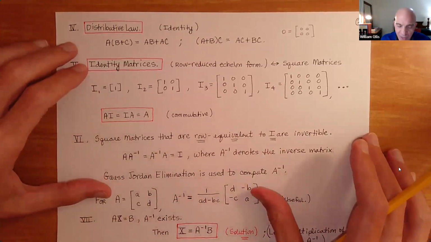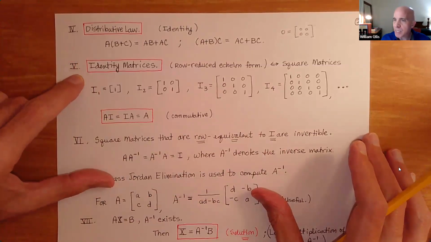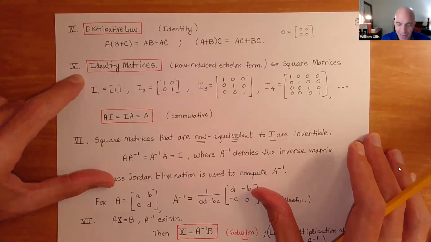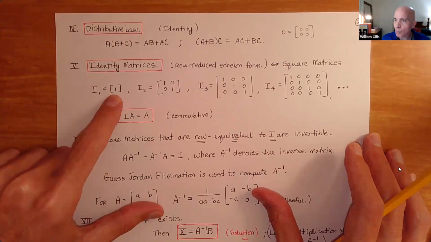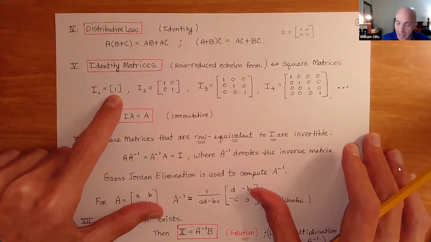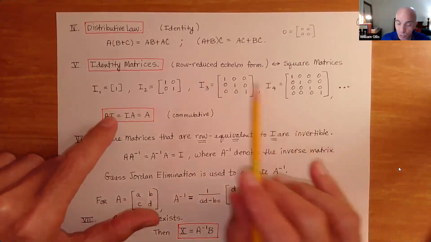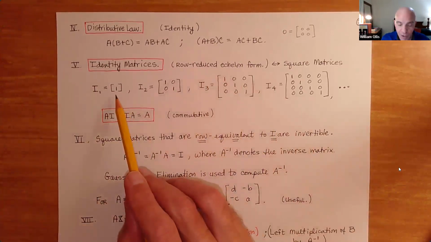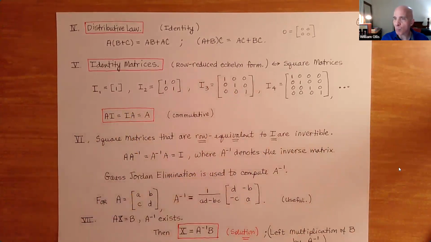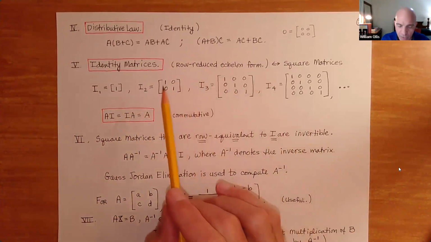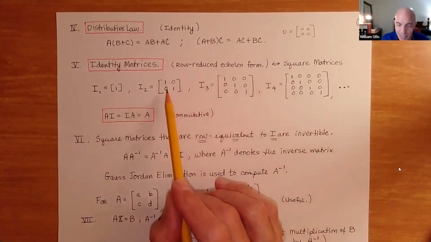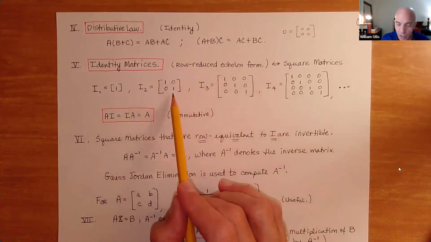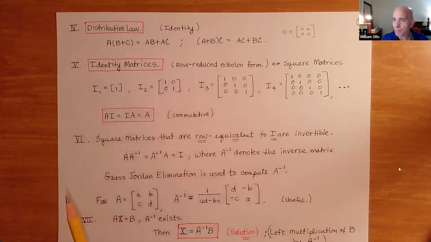So when we think about identity matrices in terms of matrix multiplication, they look exactly like we would expect them to look. They have, in this particular case, the row reduced echelon form. Of course, the 1 by 1 matrix just looks like a 1. It's just a matrix with one entry, one row, one column. The 2 by 2 case is, again, what we thought of when we were doing the Gauss-Jordan process.